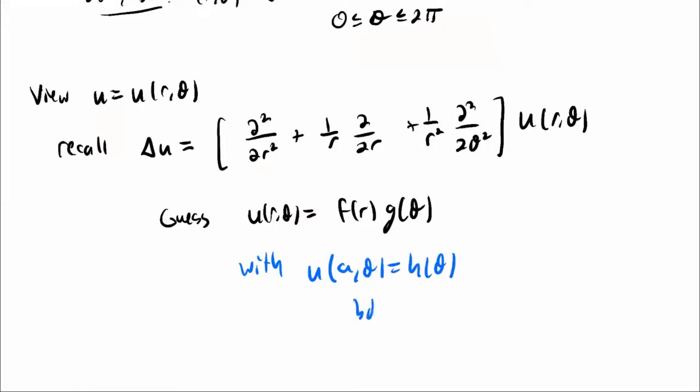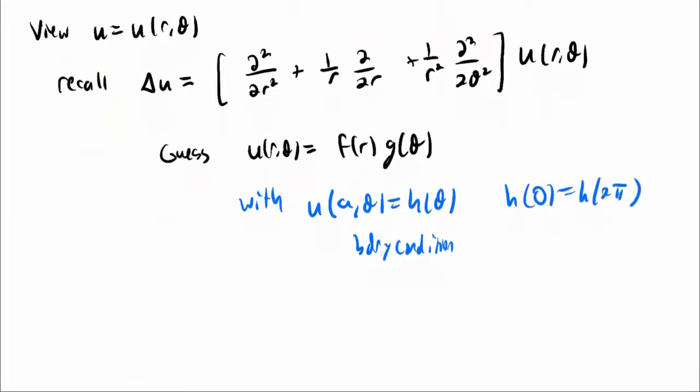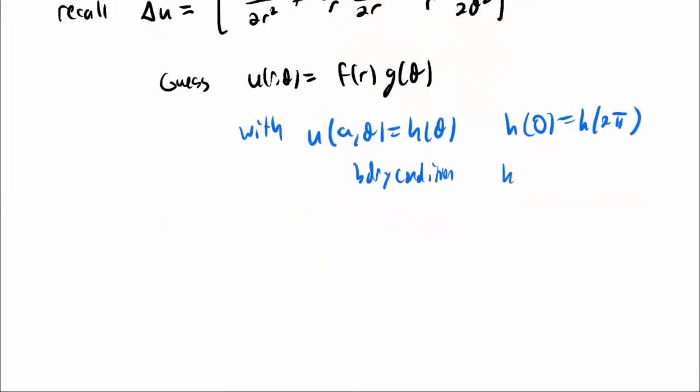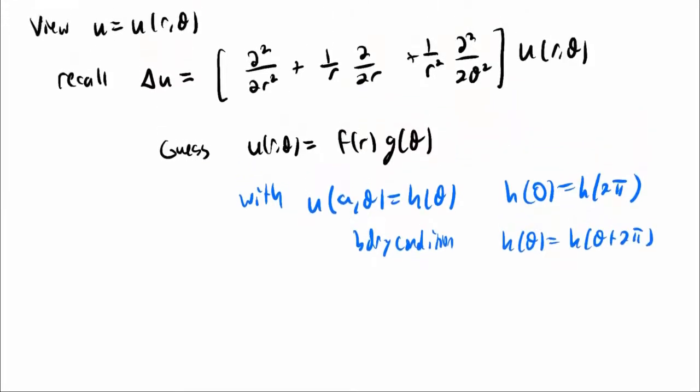This is our boundary condition, where h is periodic in the sense that h of 0 equals h of 2 pi, and more generally, h of theta is equal to h of theta plus 2 pi. So let's assume this full periodicity condition.